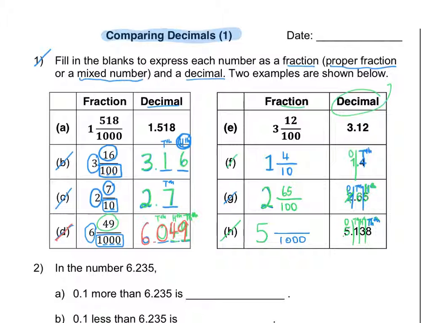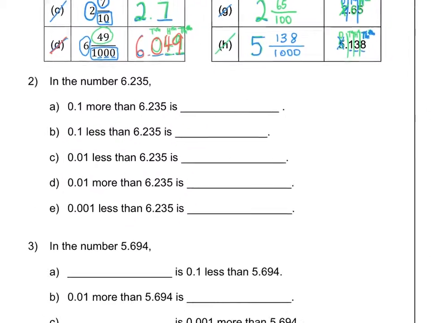Okay, so we have already taken out 5 wholes, we don't look at that. Find out the remaining thousandths. How many thousandths are there? 138. So this is the answer for part H. 5 wholes, 138 thousandths. Okay, let's go on to question number 2.